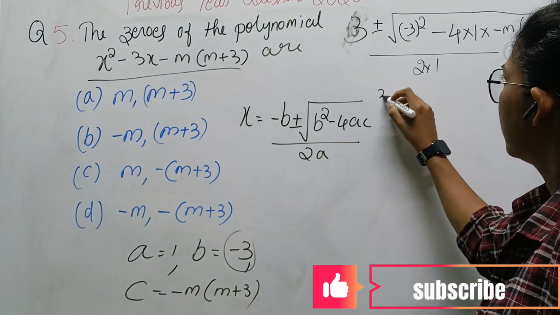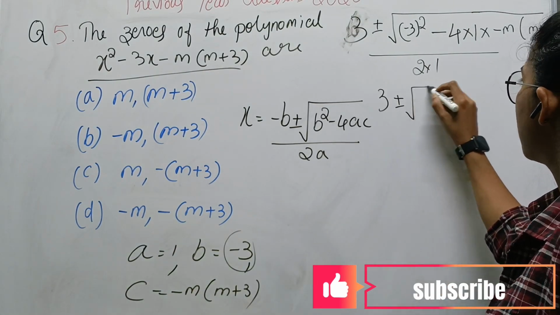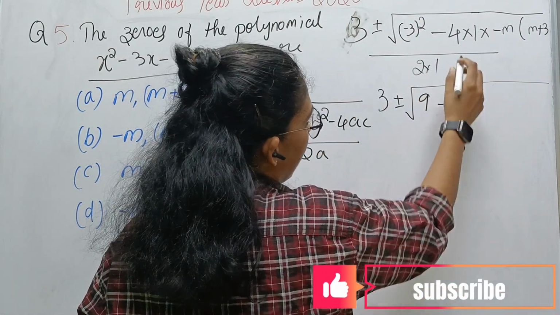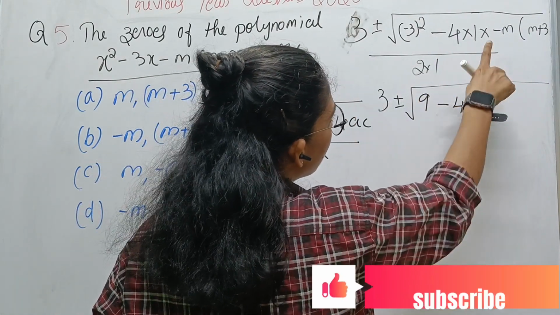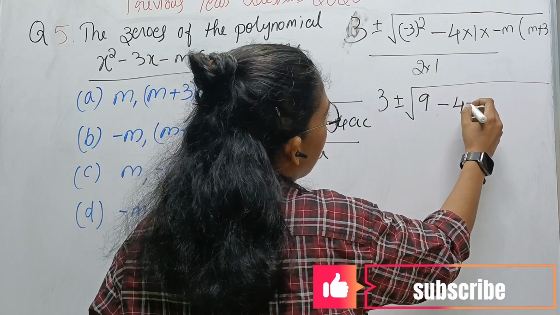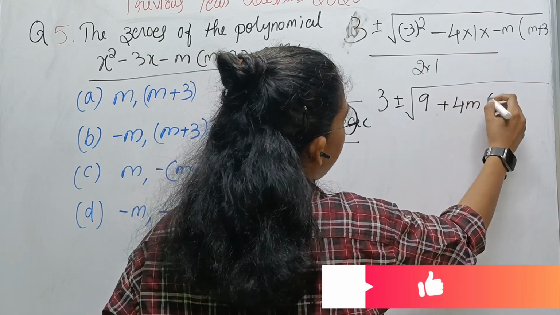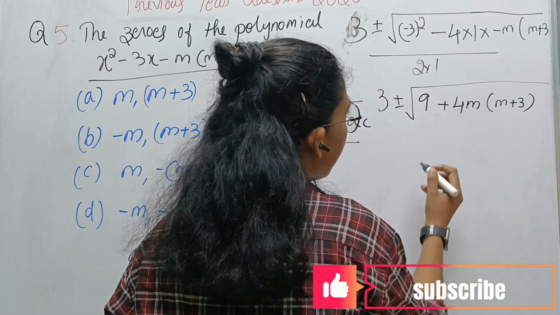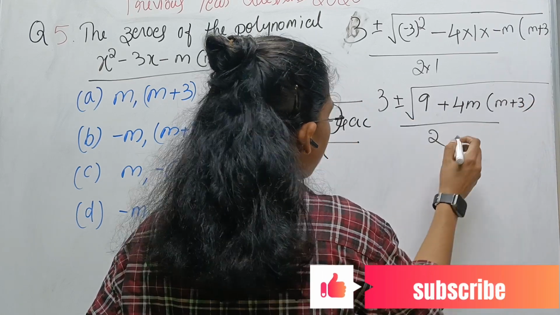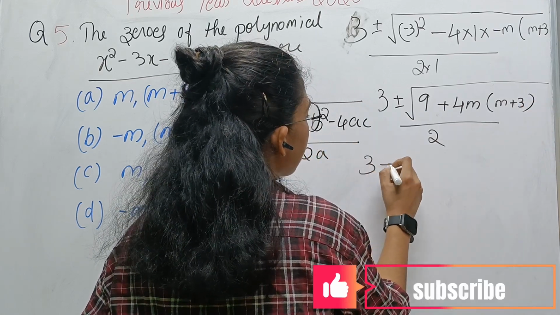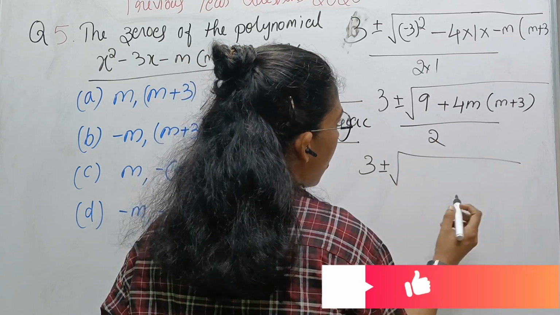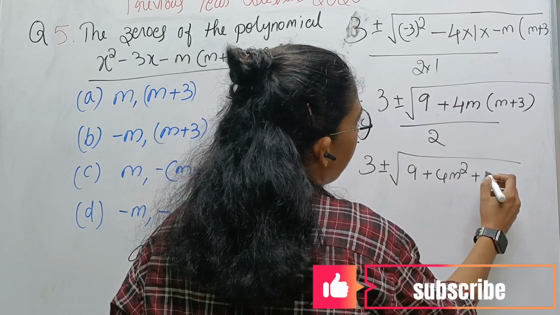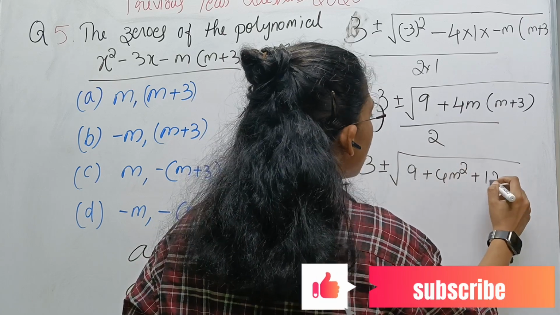Now 3 plus or minus root of minus 3 square is 9, minus 4 into minus m, which is positive 4m, into m plus 3, divided by 2. Again 3 plus or minus root of 9 plus 4m square plus 4 times 3, 12m, whole divided by 2.